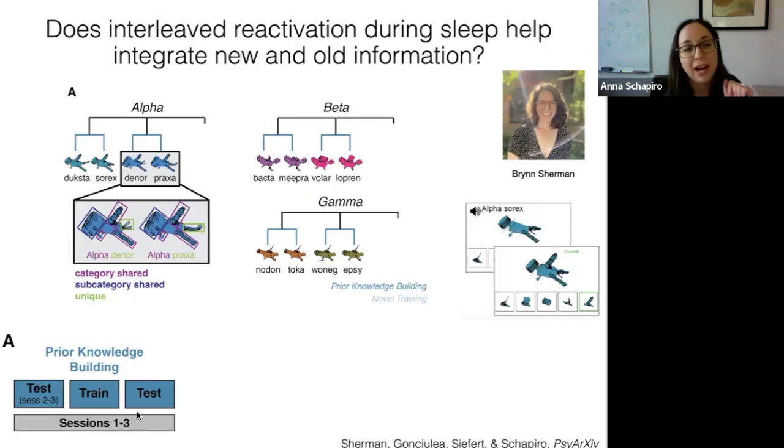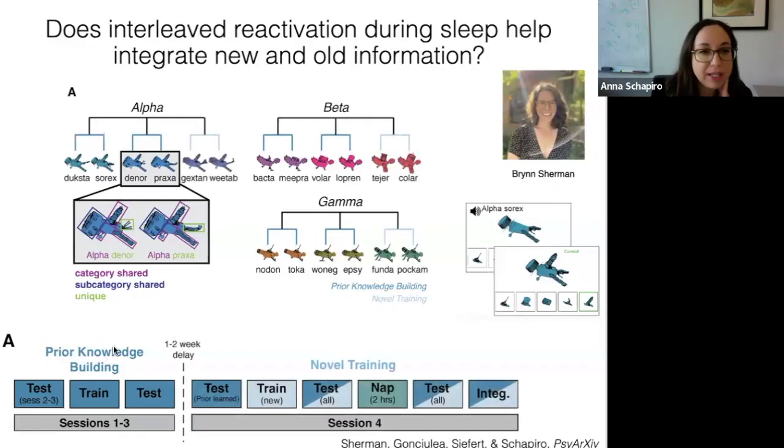So they are really getting a good understanding of those objects. And then we bring them back a couple weeks later, and we show them new members from a different branch of the hierarchy, but from those categories that they had learned earlier. And then they take a nap in the lab.